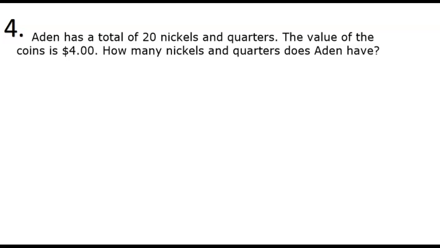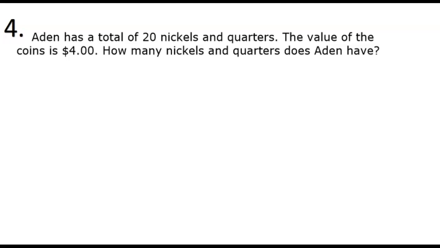And N is equal to 20 subtract Q. So in place of this N, I'm going to put 20 subtract Q. I'm still going to have the 0.05 out in front. I'm still going to have the quarter, and I'm still going to have the $4. But in place of this N, I put this part that was equal to N.